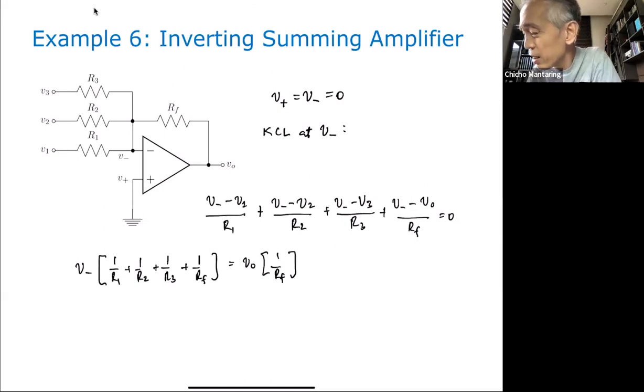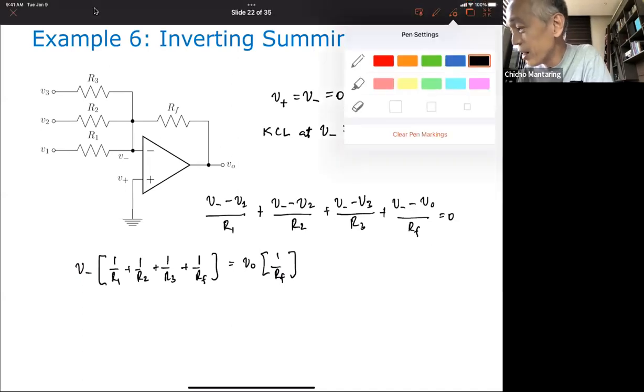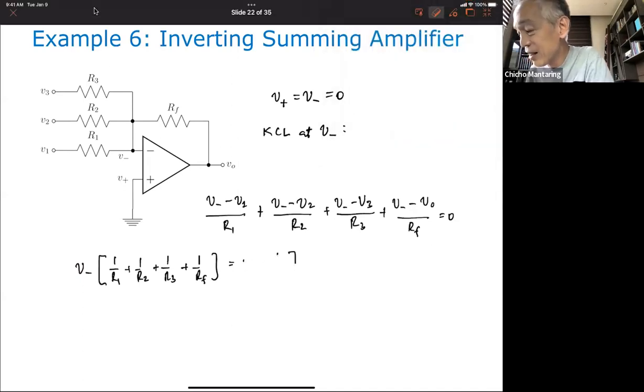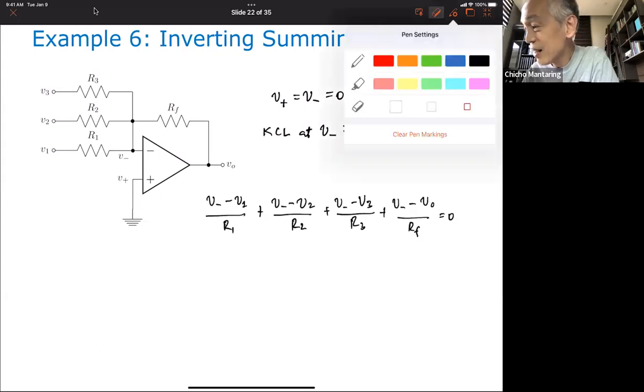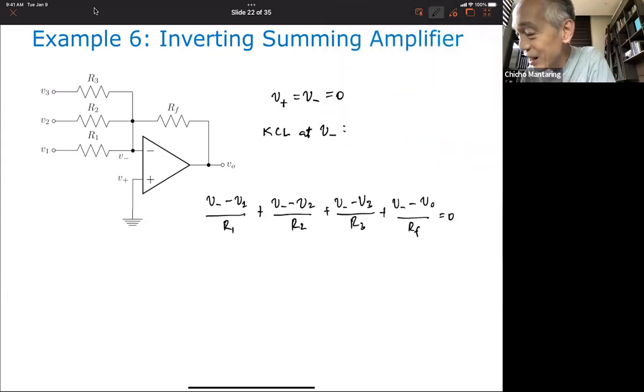Sorry. No, sorry. What am I doing? V minus times, sorry. This is 0. This is 0. This is 0.